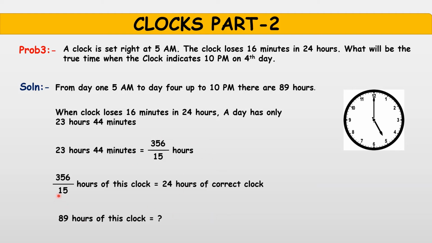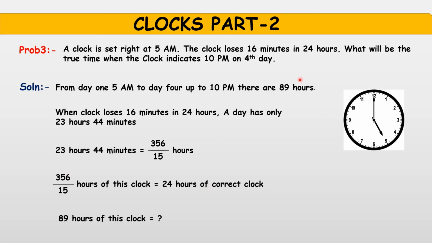This is a wrong clock which, after losing, is showing 356 by 15 hours. This wrong clock has 24 hours of the correct clock. So when it is showing wrong time, the 24 hours are the correct time.